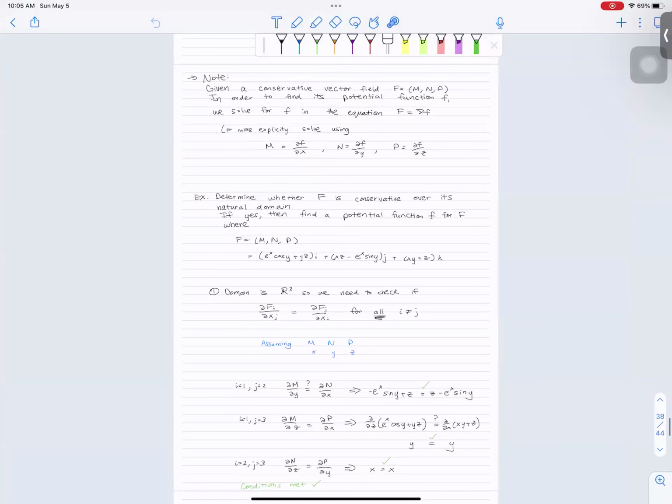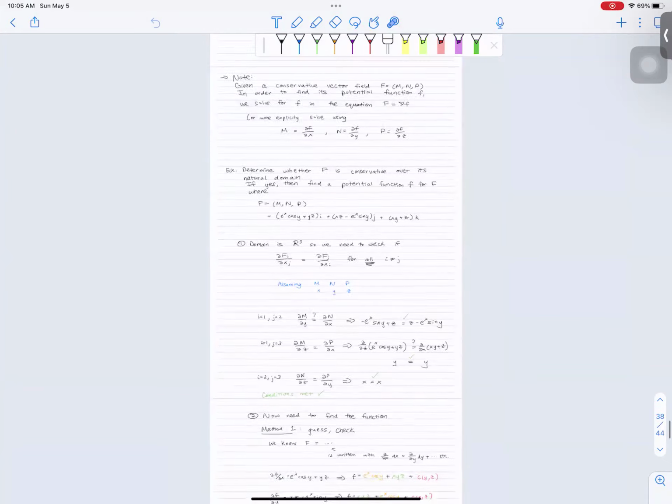And if it's closed, the flux of curl will always be 0. If it's a closed 3D object, like a sphere or a cube, then the flux of curl should be 0.